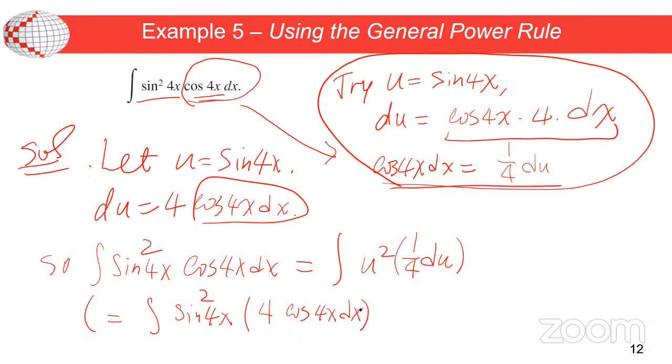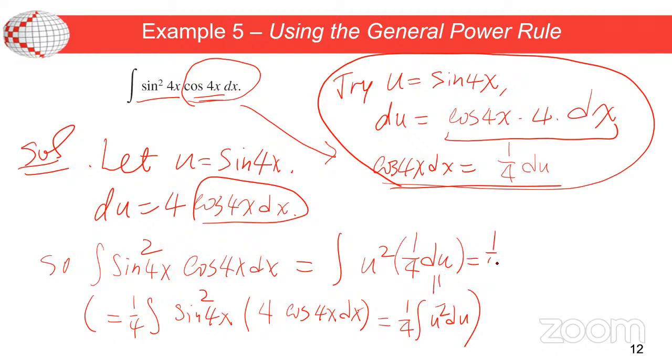But because there was no 4 to begin with, when you multiply the integrand by 4, you need to divide by 4 outside. So that's another way to do it. So this will be the same as 1/4 integral of u squared du. But anyway, the result is the same.